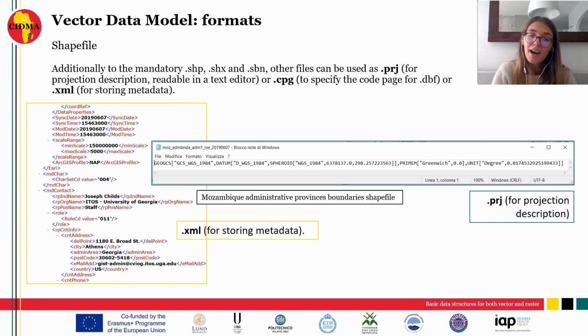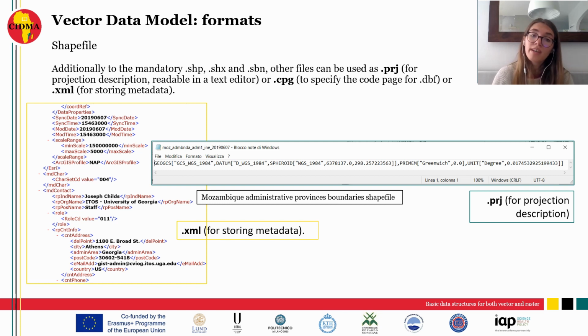Each one, as for the mandatory files, is needed for a specific role, to store a specific type of information. For example, there is the PRJ, where here you can see the example from your exercises, again from the layer about the provinces boundaries. It stores the projection description of the vector layer, therefore the coordinate reference system.